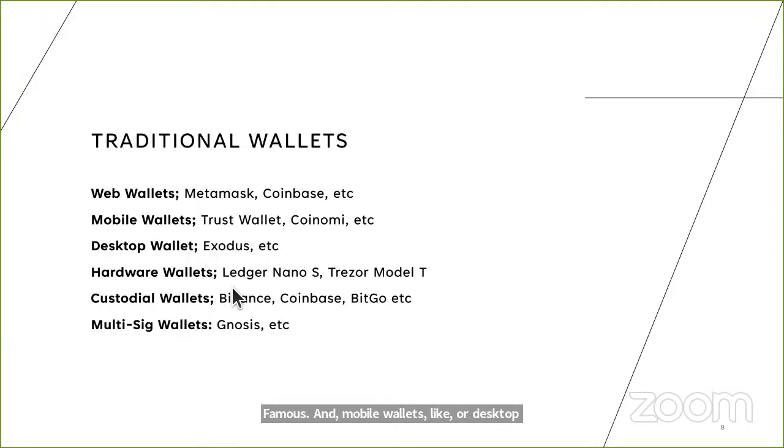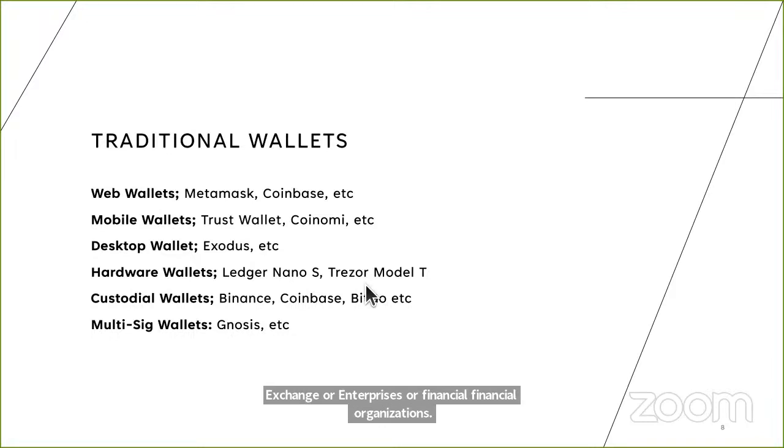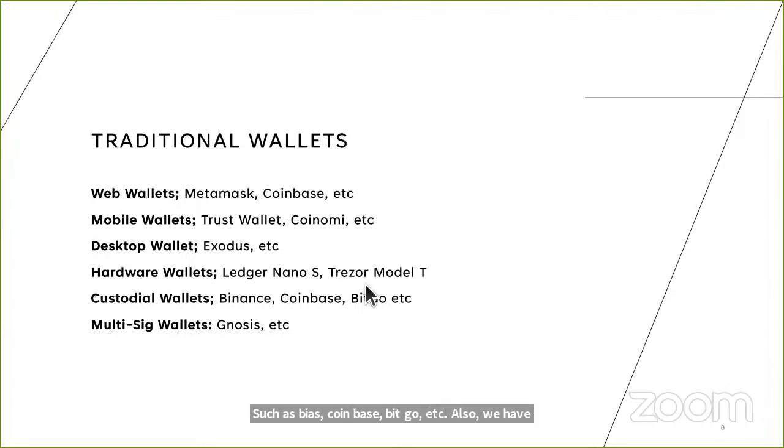Hardware wallets like Ledger Nano and Trezor Model T. Or we also have custodial wallets that are used by exchanges or enterprises or financial organizations, such as Binance, Coinbase, BitGo, etc. Also, we have multi-sig wallets like Gnosis, and we have a lot of wallets at the moment in the market.